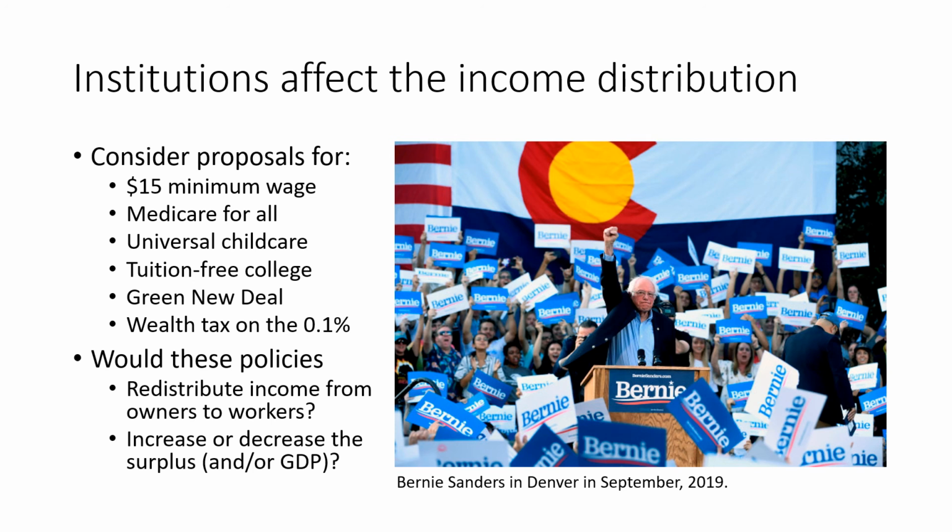By providing universal child care, you may liberate mostly women, but parents, from looking after children and being able to work in other sectors of the economy. If you think that universal child care would increase GDP, you might think it's actually a surplus expanding sort of policy.